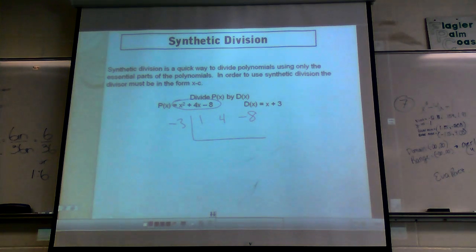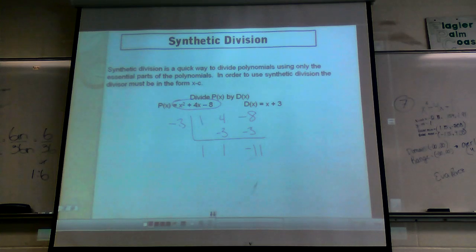You're figuring out what's going to make these zeros. All right? So now, your whole process, in case you forgot, is take this one and drop it down, correct? And you multiply them, right? Negative 3 goes there, correct? And then 4 minus 3, 1.